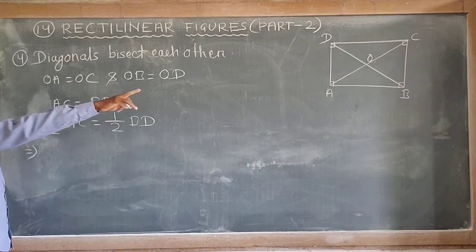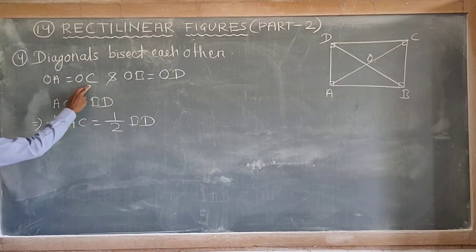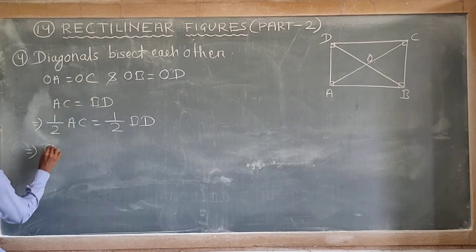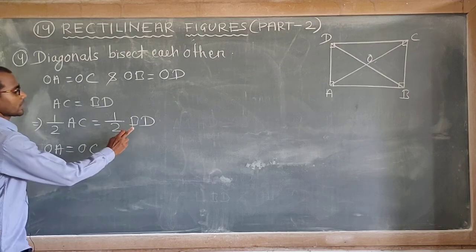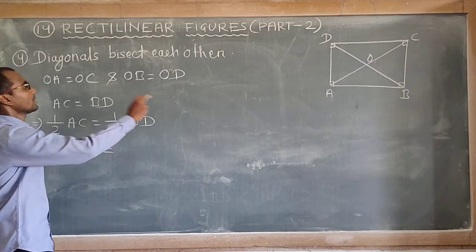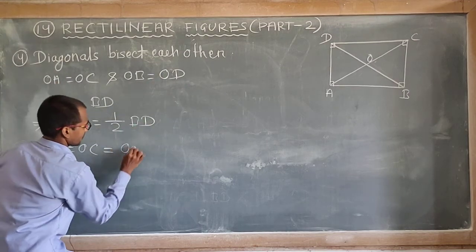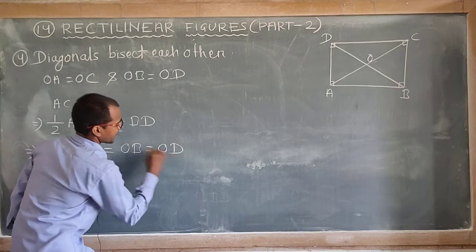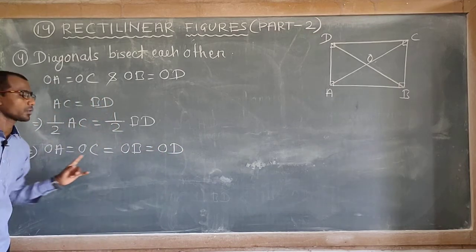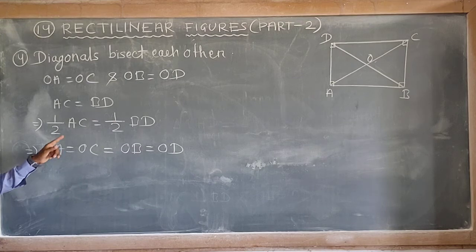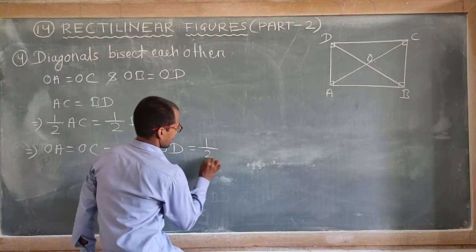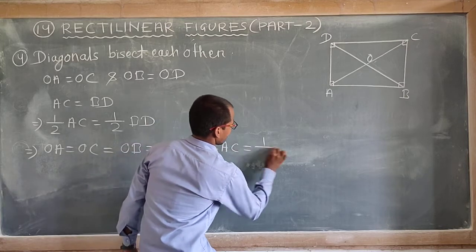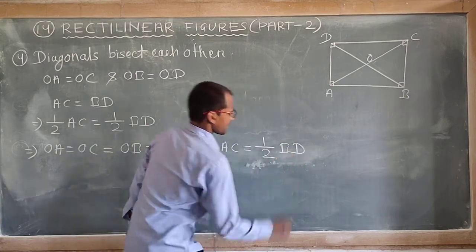You can see the diagram. So OA is equal to OC is equal to, what is half of BD? Look at the diagram. OB and OD. So all four will be equal. OA is equal to OC equal OB equal OD is equal to half AC, which is equal to half BD.